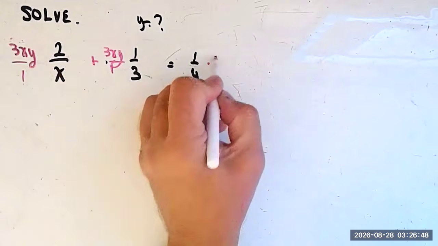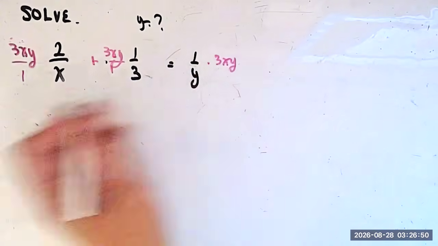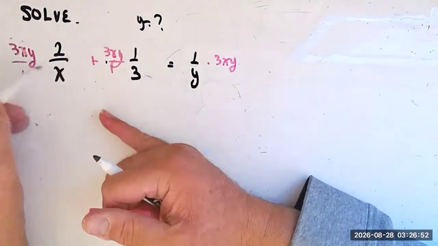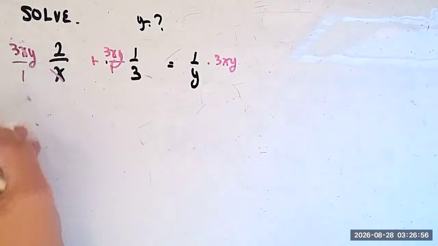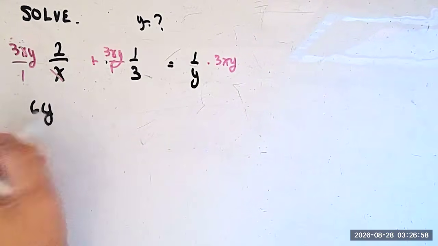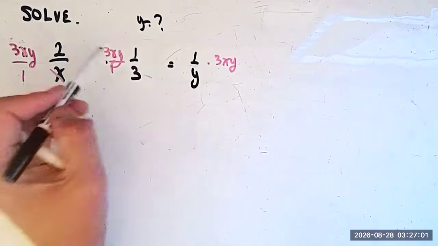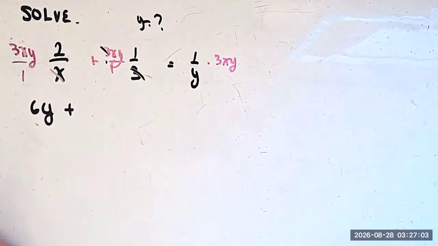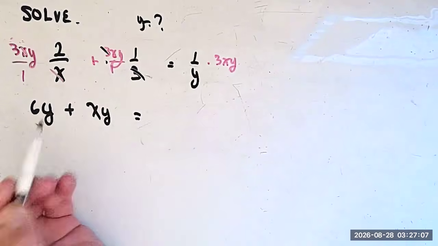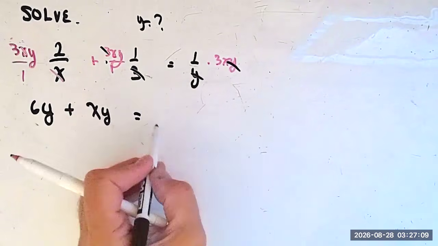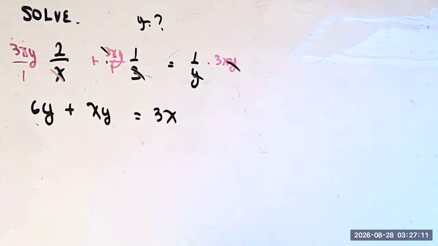Notice, of course, here the x over x, bye-bye. So we have 3 times 2, 6y, plus the 3 simplifies, so that will be xy equals y over y is 1, so that will be equal just to 3x.